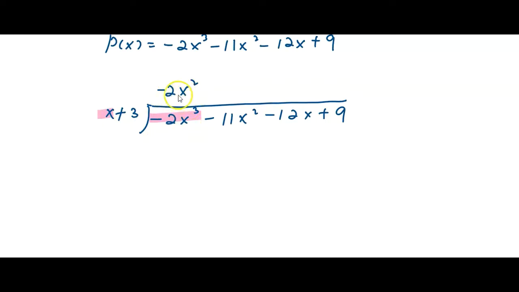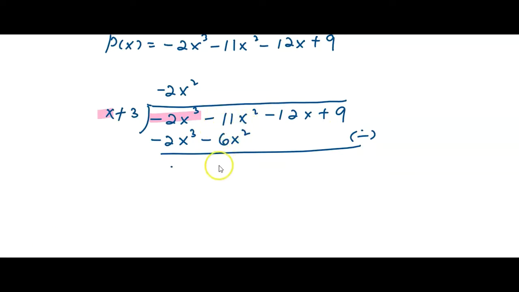Negative 2x squared multiplied by x, you have negative 2x cubed. Negative 2x squared multiplied by 3, you get negative 6x squared. After that, taking the top minus the bottom, you get 0 over here. Negative 11x squared minus negative 6x squared, that is negative 11x squared plus 6x squared, which gives negative 5x squared.